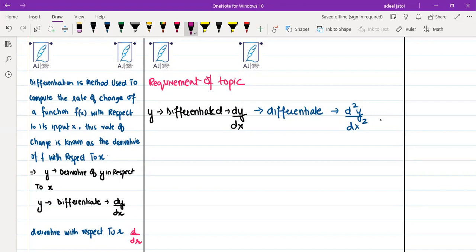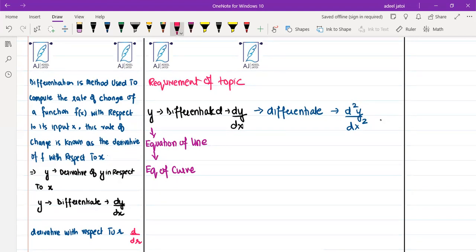This y is basically your equation of line, or your equation of curve. Your y can be two things: either the equation of the line or the equation of the curve.